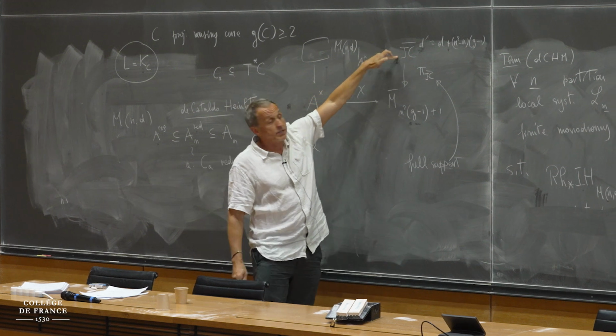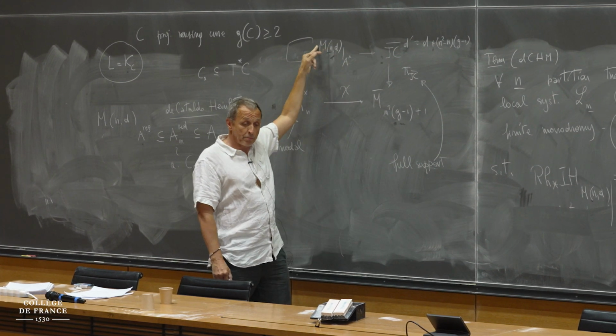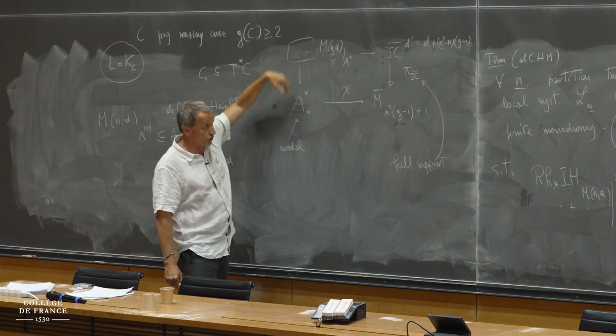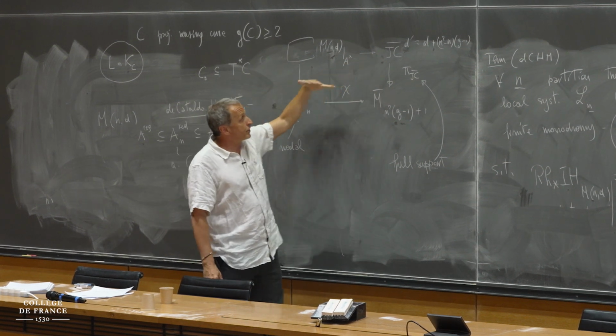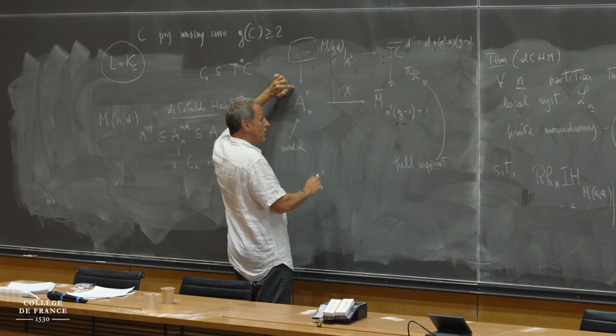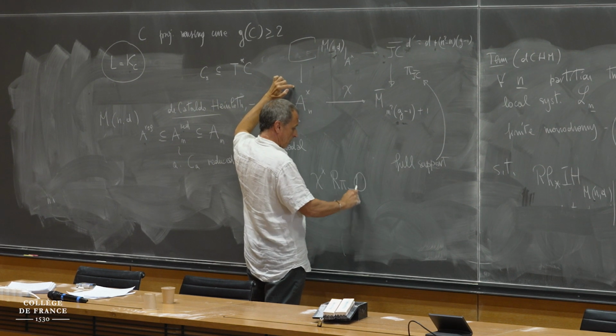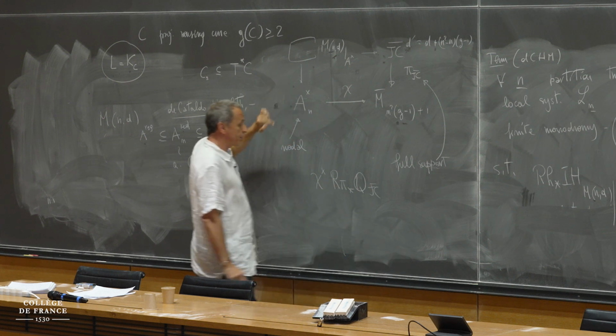Okay? So by base change, since this guy here is smooth, so this is the constant sheaf, if I base change, I take the direct image of the constant sheaf. What I have to understand is how this behaves.